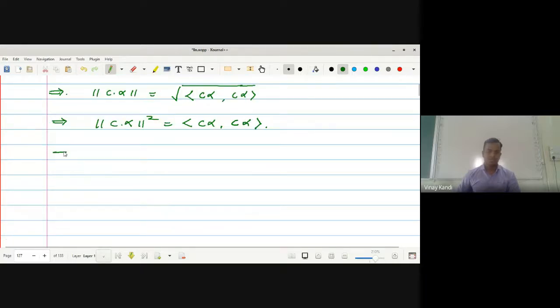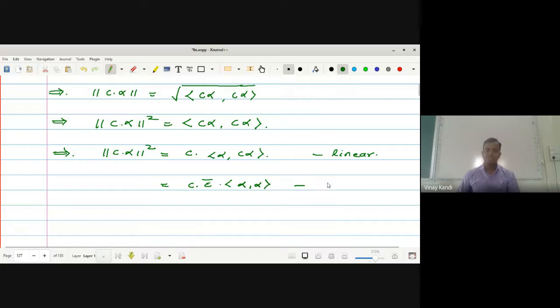So this implies norm of c alpha squared is equal to c into the inner product of alpha with c alpha, by which property? Linearity property. Now this is c bar into the inner product of alpha with alpha.